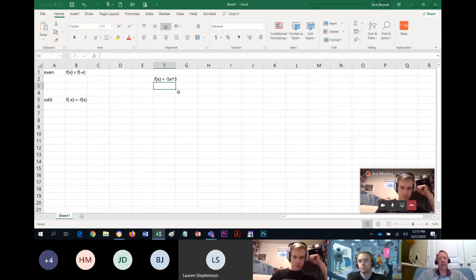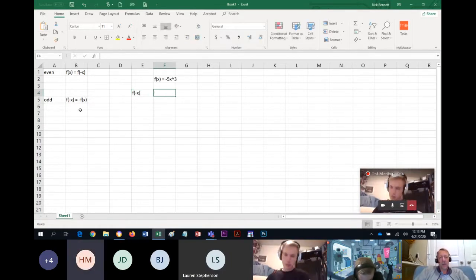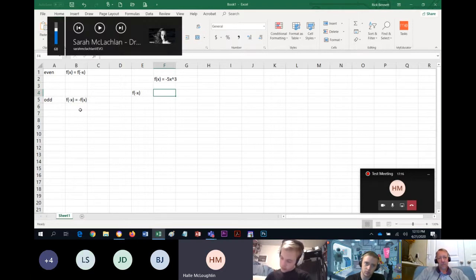Yeah, probably odd because you're looking at the exponent. So what would be f of negative x in this case? It would be, would you write it as like -1 parentheses negative 5x to the third and then distribute that?